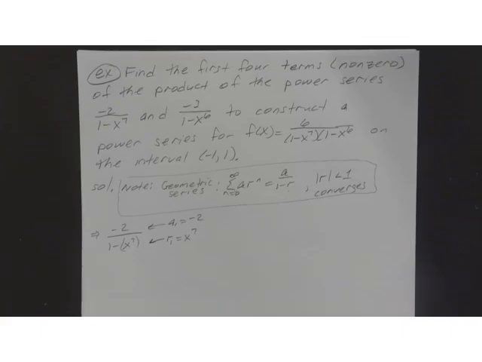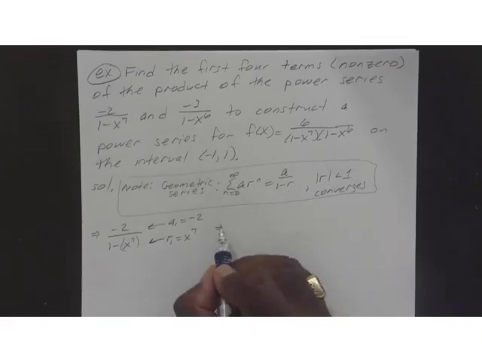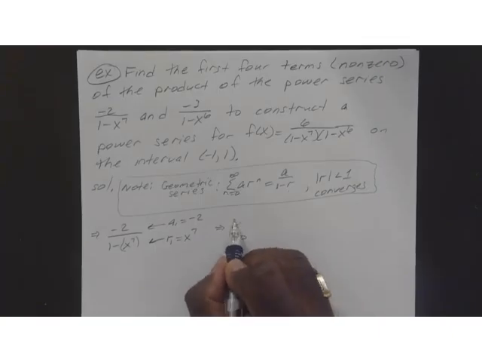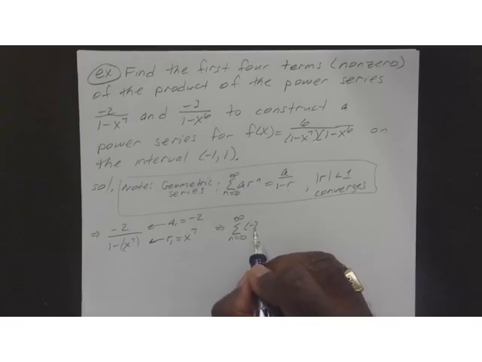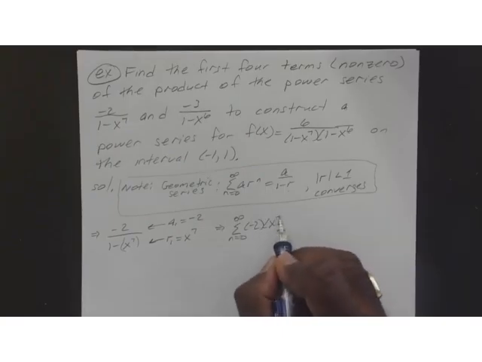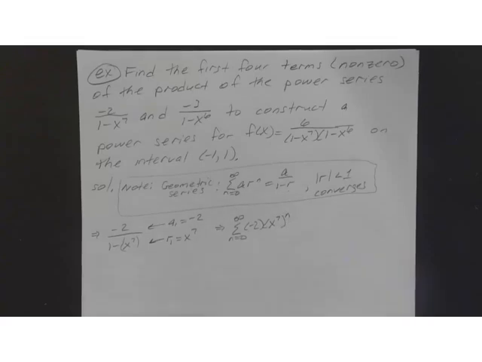So we can just go ahead and plug that into our power series. That's the sum from n equals 0 to infinity of a times r to the power of n. So that's negative 2 times x to the 7th power to the power of n.